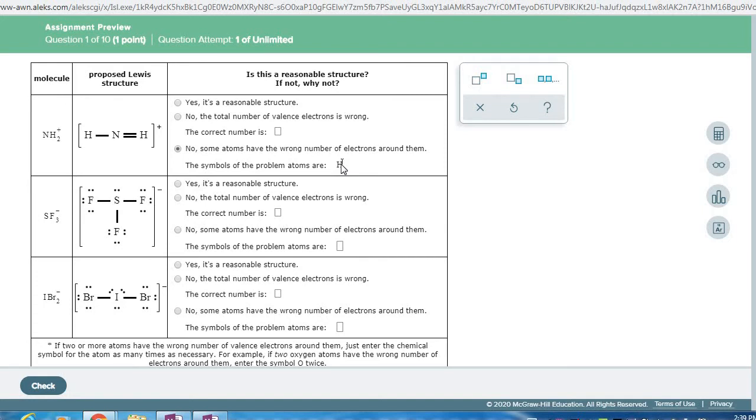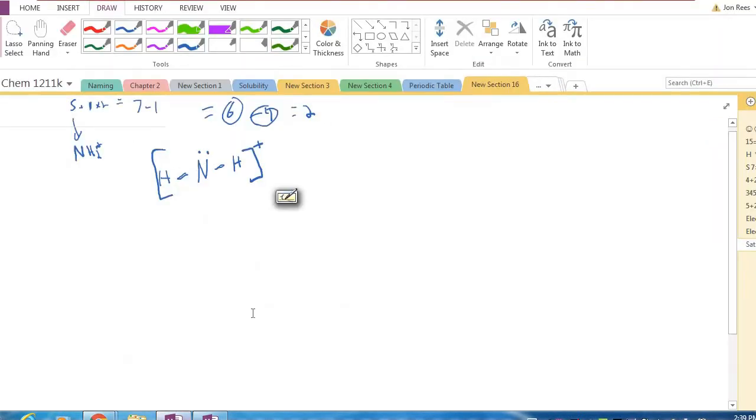Let's look at the second one, SF3 minus. Let's go ahead and draw that. Now I have the SF3 minus ion. Let's count the valence electrons.